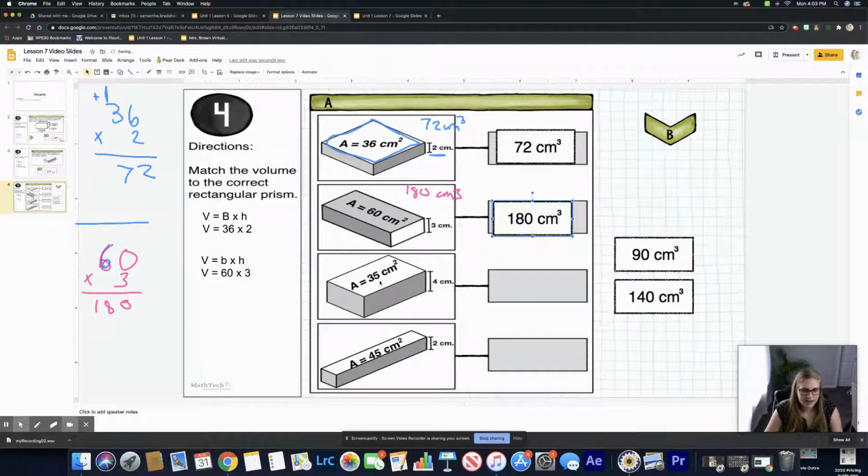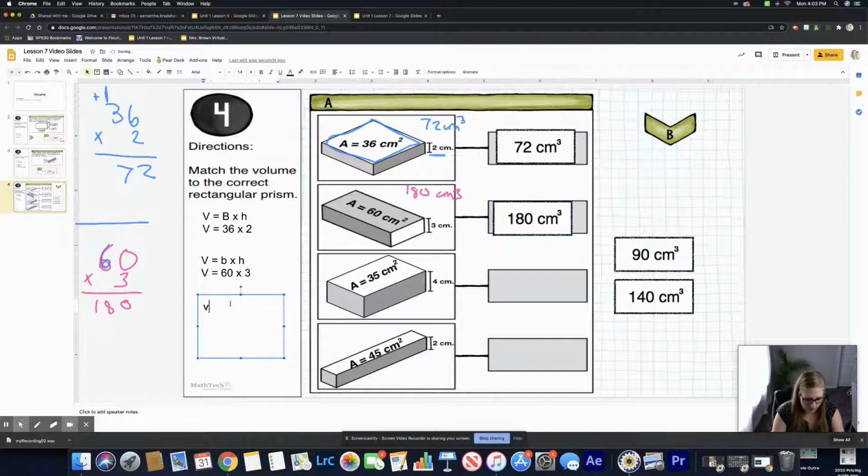All right, looking at the next one, my area of the base is 35 centimeters. So volume equals 35 times 4. Now I'm going to figure out the volume of this figure. So 35 times 4.